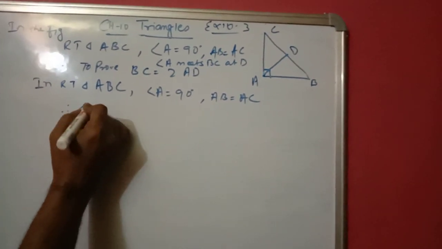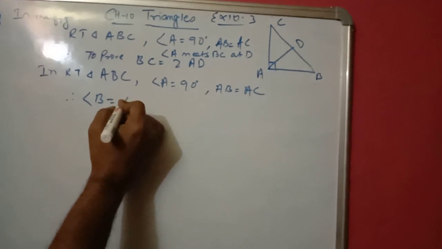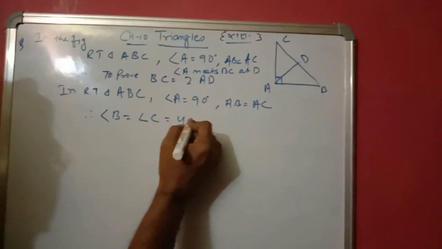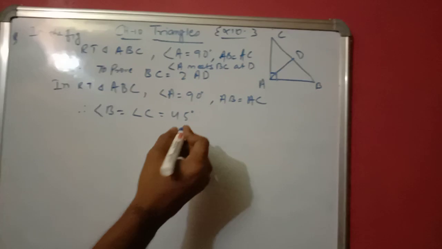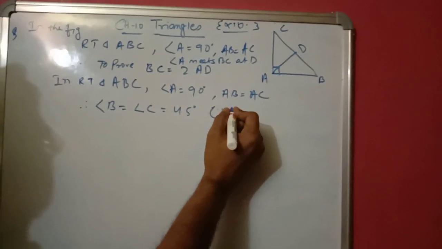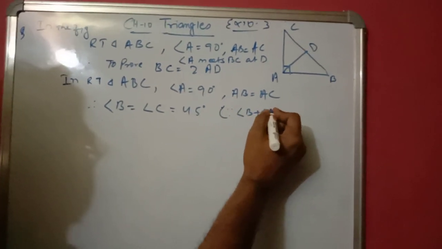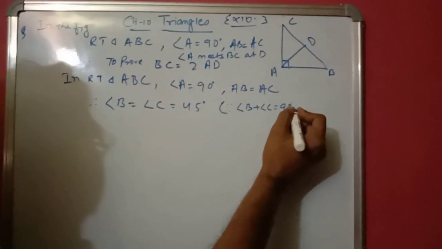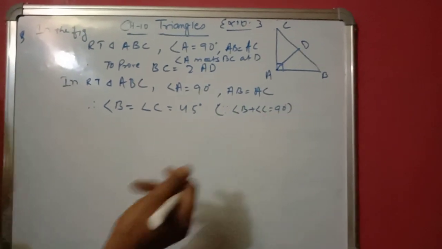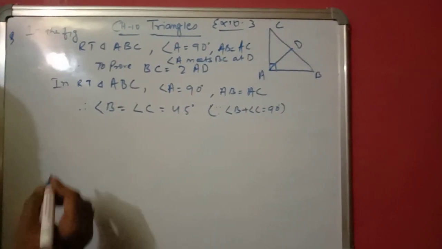Therefore angle B equal to angle C equal to 45 degrees, since angle B plus angle C equal to 90 degrees and AB equal to AC is given.